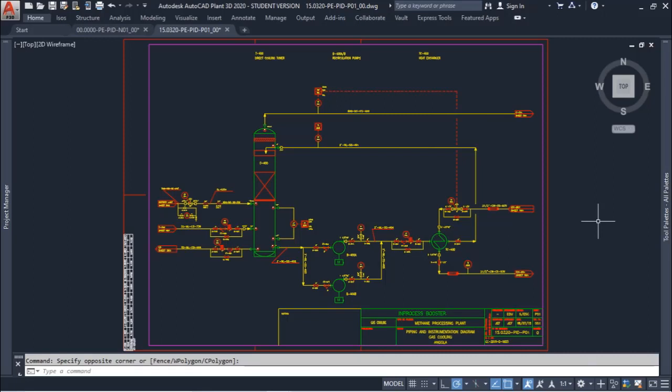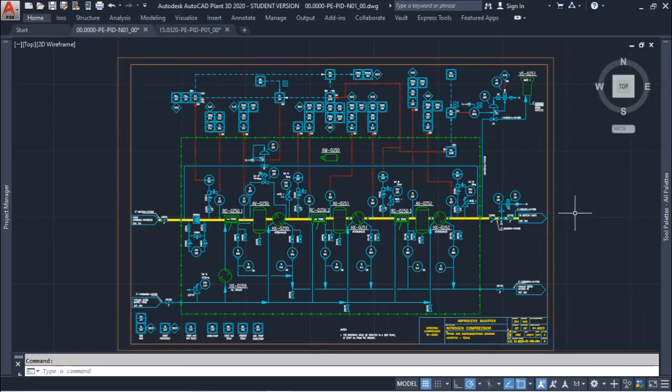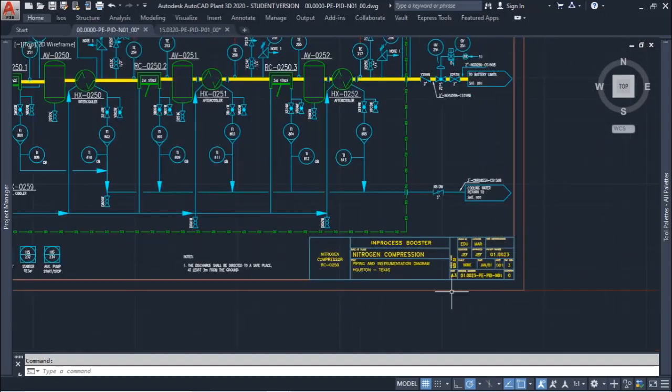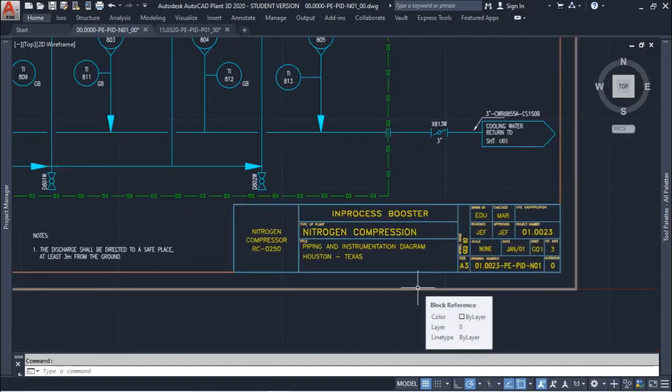And to continue this class, I'll return to the nitrogen compressor. My goal here is to share with you at least 3 tips on how to start reading a P&ID. The first thing that you should do when consulting or verifying any engineering documentation is to look at the stamp to verify that you are using the latest documentation available for your project.